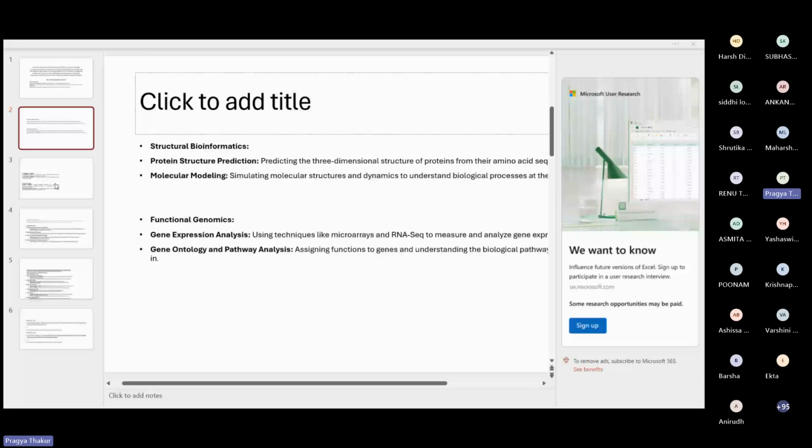Then there is conservation analysis. Conserved sequences may have importance. What are conserved sequences? They are sequences which are not changed in certain organisms and prevail across generations. Those sequences are preserved and analyzed, and they are made templates. That is done under conservation analysis.